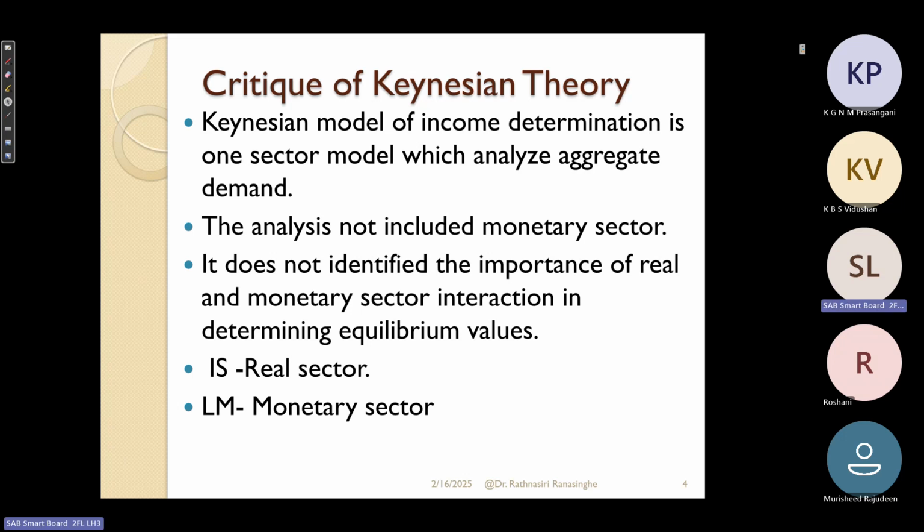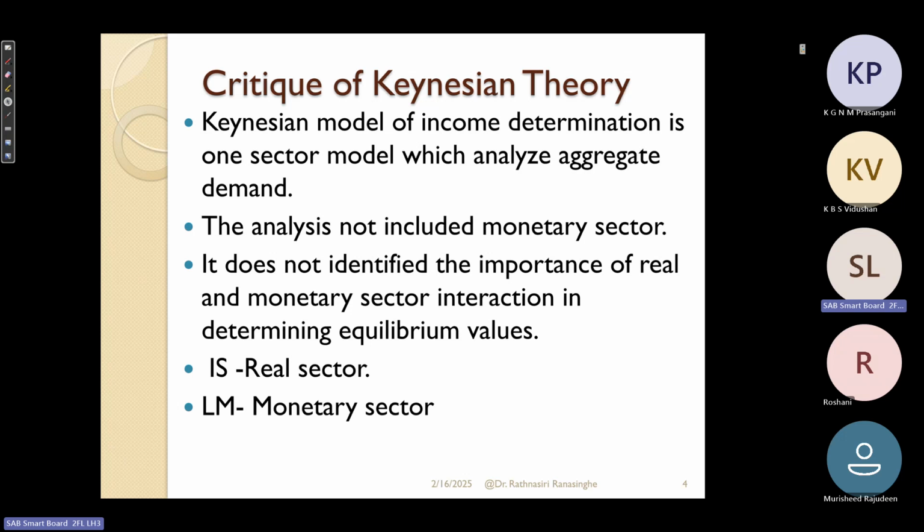That is called liquidity preference, in Keynes's words. That is the money demand. L denotes money demand, in other words liquidity preference. Why do people demand money? M means money supply. So LM represents the monetary sector.